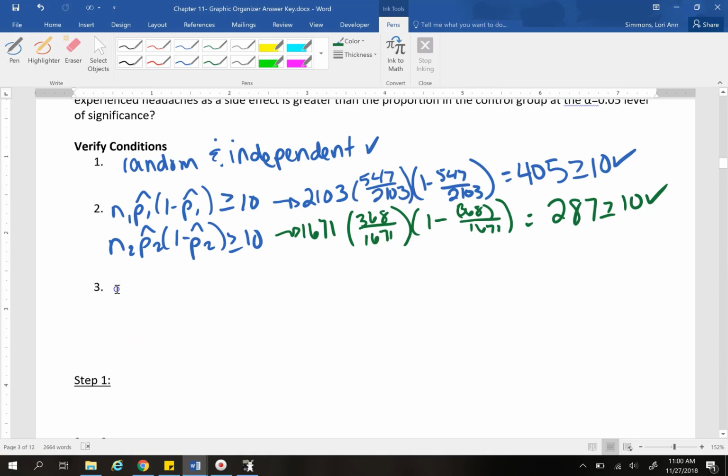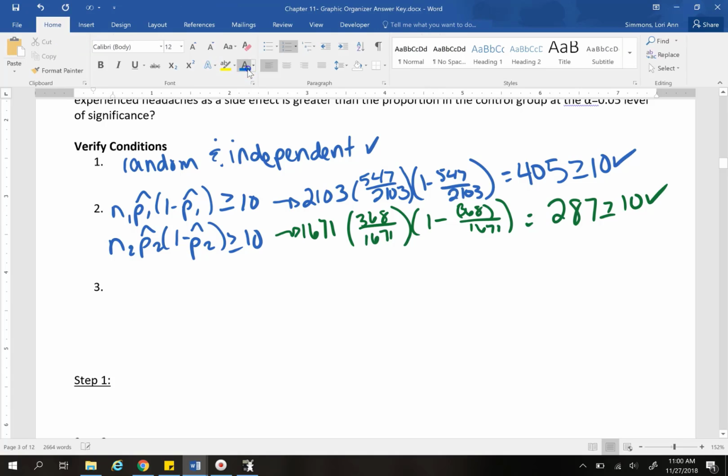And then we need to figure out if the sample size is less than 5%, and they are. Sample sizes are each no more than 5% of the population sizes.